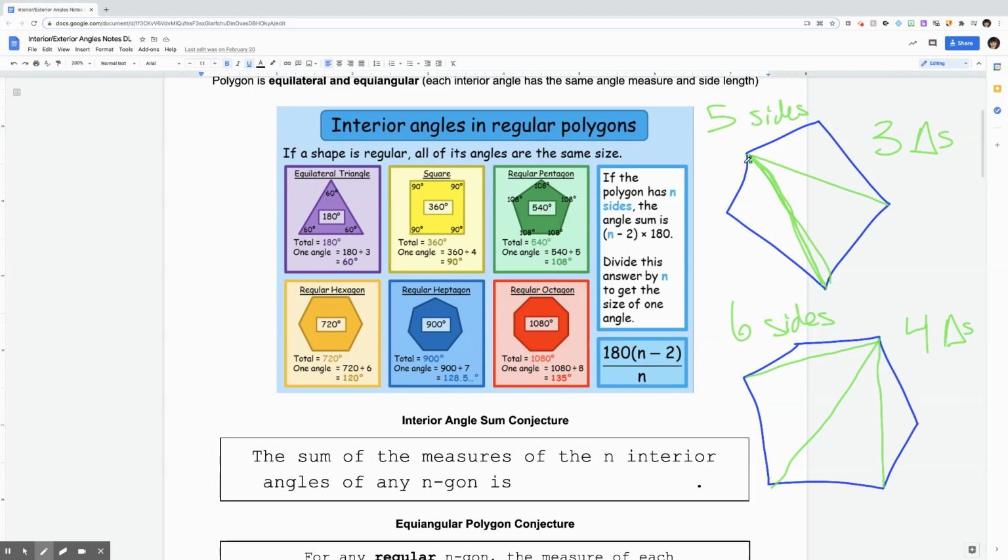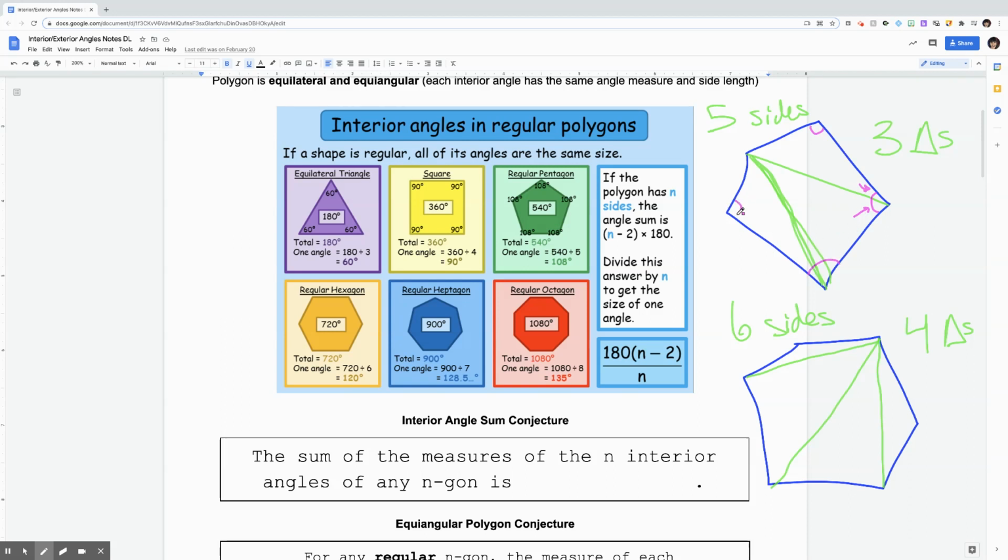So if I wanted to find the sum of all of the angles in this 5-sided shape, that's this angle, which you can see is made up of this smaller angle in this top triangle and this angle in this middle triangle.